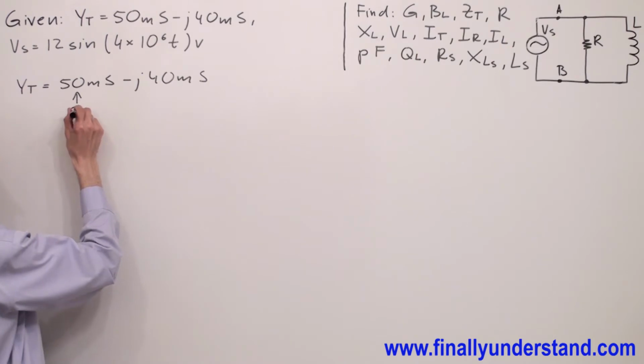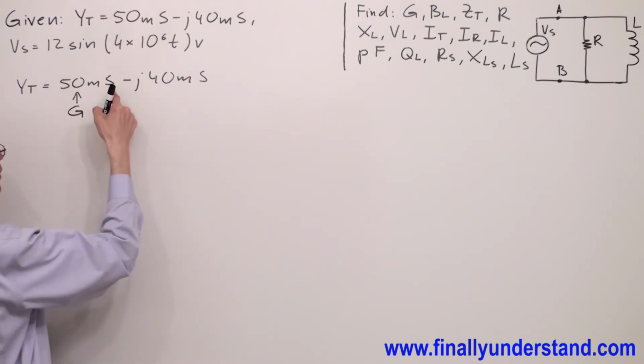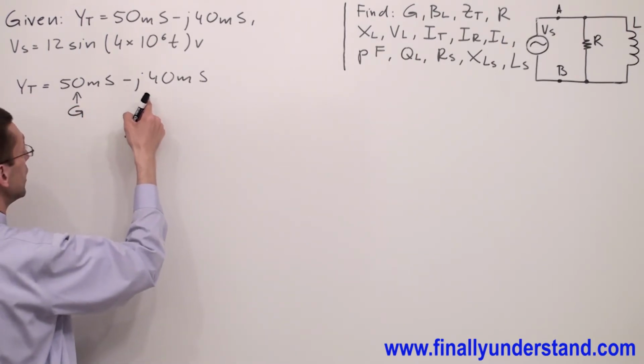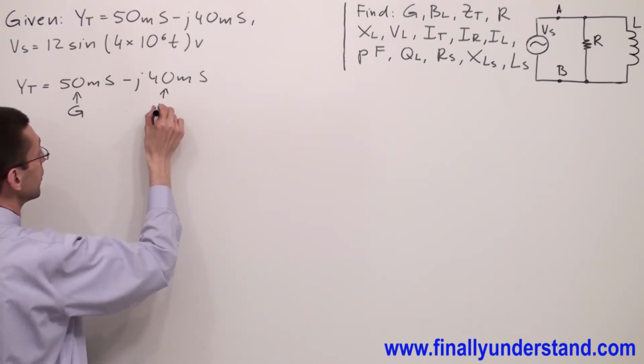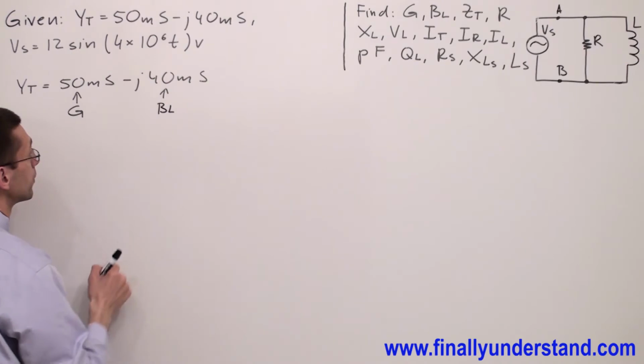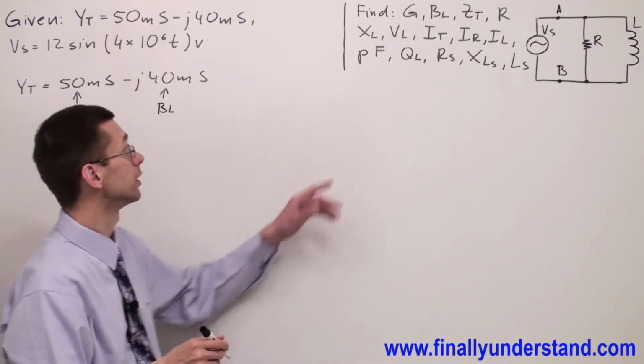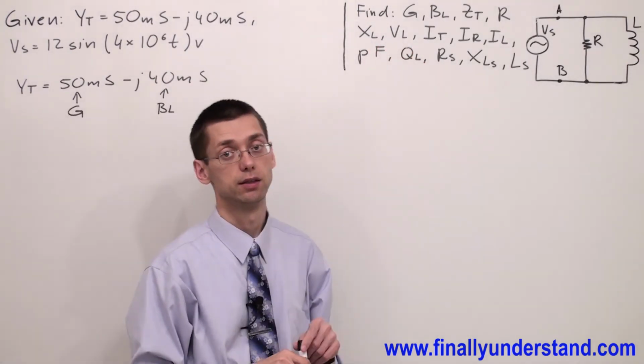So this is actually my G. And negative j 40 millisiemens is nothing else, just my BL. Okay? So I found already G and BL.